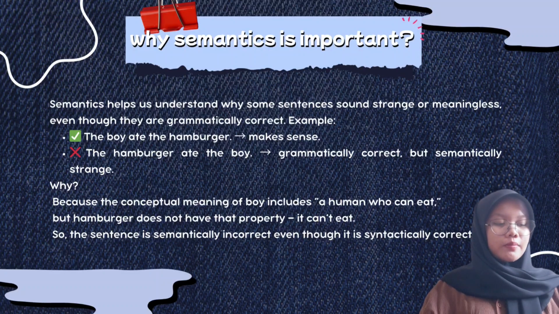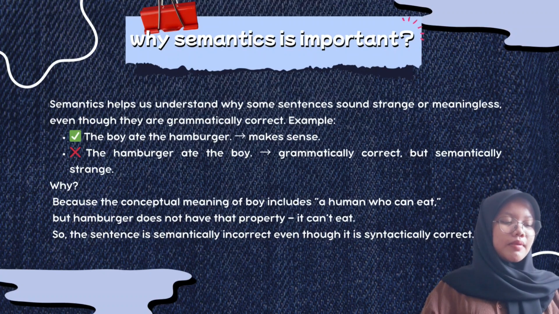Why? Because the conceptual meaning of boy includes a human who can eat, but hamburger does not have that property, it cannot eat. So, the sentence is semantically incorrect even though it is syntactically correct.